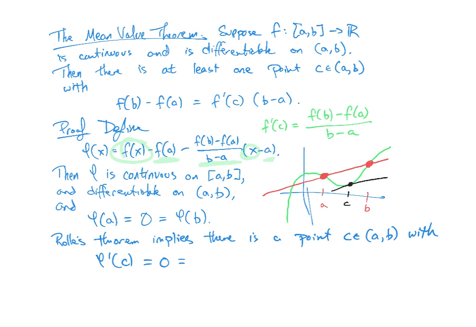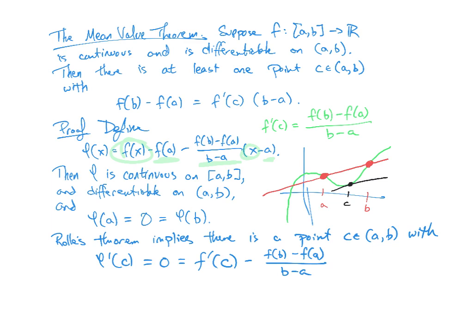But then what is the derivative of phi? Well, we just use our rules for derivatives. The derivative of phi is, we just go look at it. It's the derivative of f, minus, and then that constant drops away, and then minus this quotient times 1. I realize I made a mistake here. I shouldn't have written the derivative at x. I should have written the derivative at c.